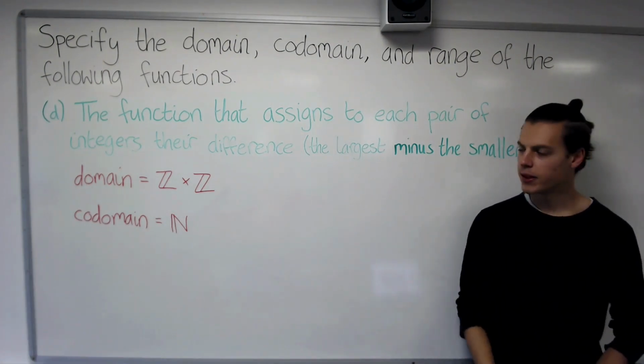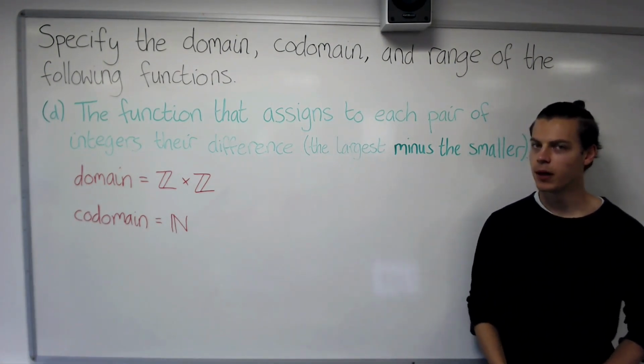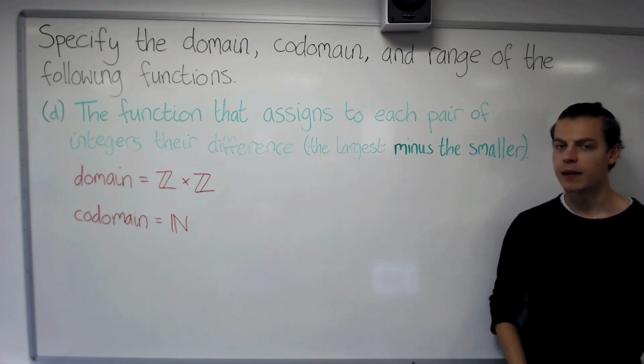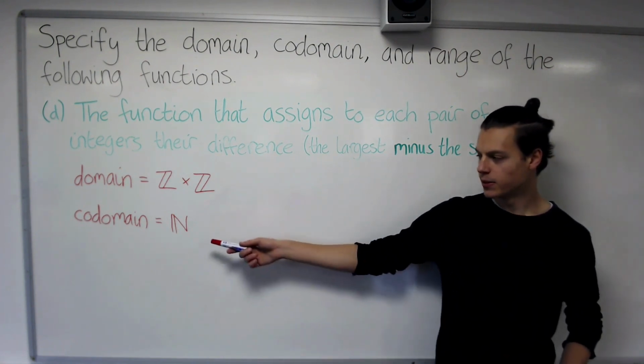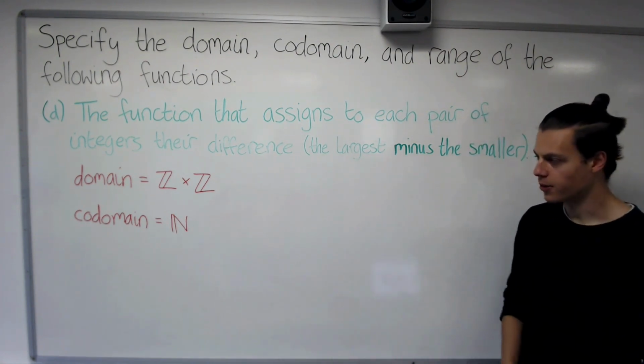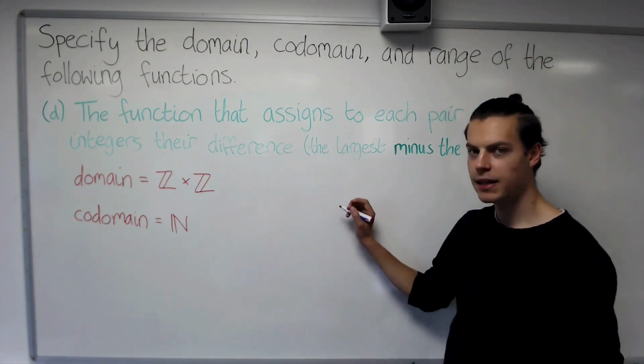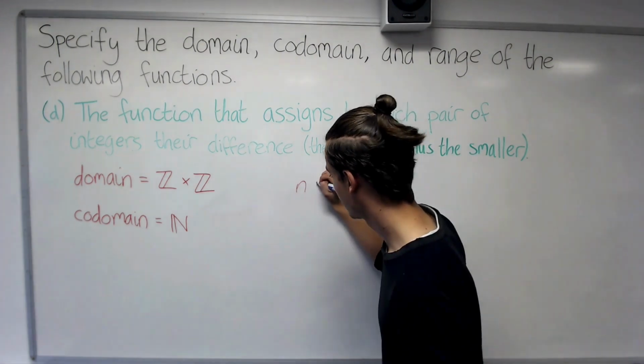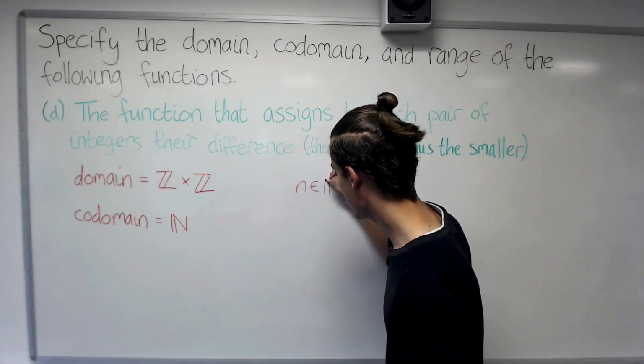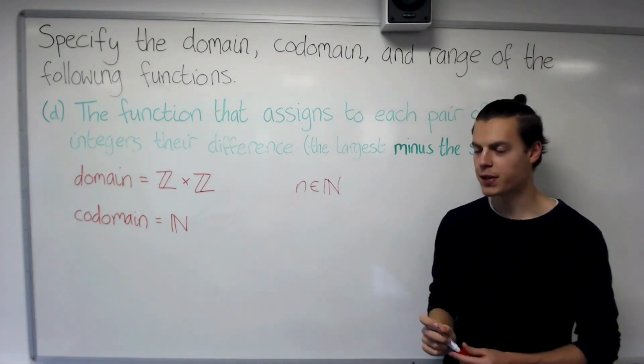And finally, what is the range of this function? Now, I claim that the range of this function is also the set of natural numbers. To see this, take any number n from the natural numbers.